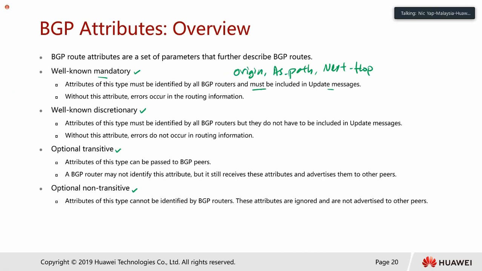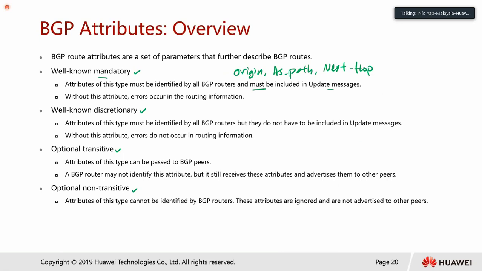And secondly, well-known discretionary means this can be supported by all the BGP devices, but it's discretionary. It can be included or not included. When you want to check this, you include it. Let's say you do not include it, it doesn't matter. It will not affect my information.